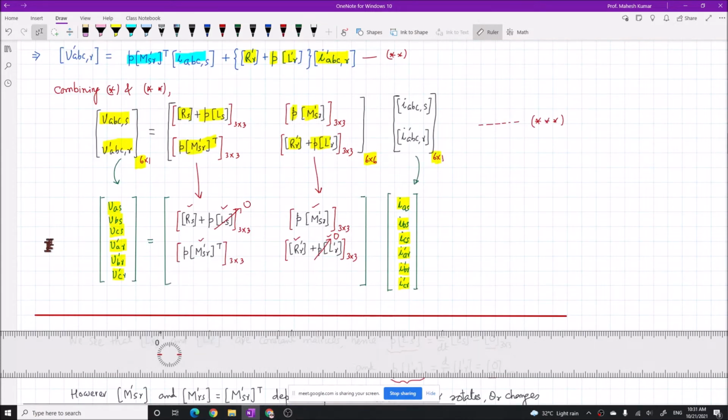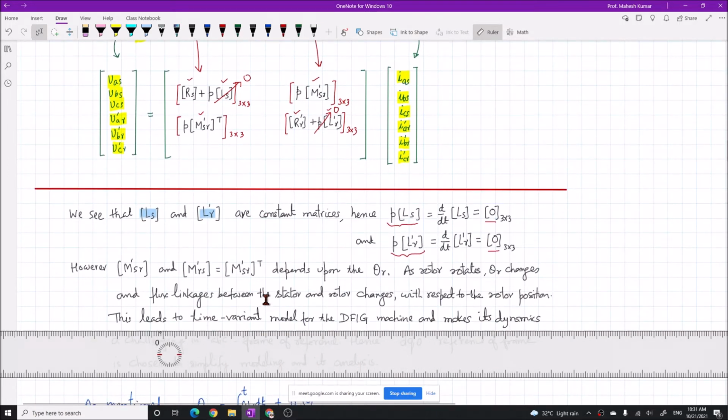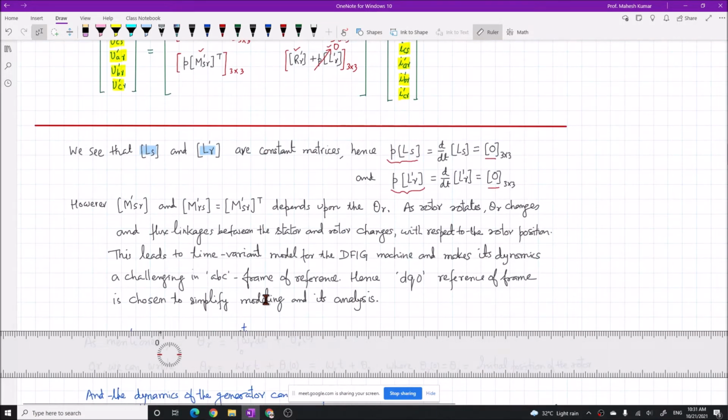Once we know these properties of the elements, we can substitute in the main expressions to find the voltage on the stator and the voltage on the rotor side. One thing more here: the mutual inductances between the rotor and stator circuit are related by M_RS' equals M_SR' transpose, and they depend upon the value of theta r.